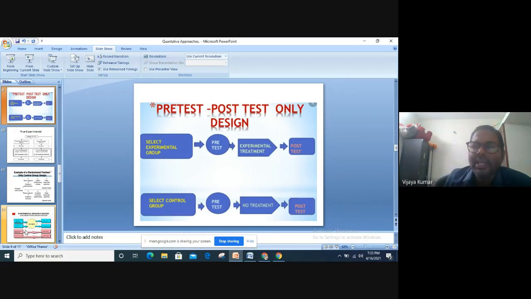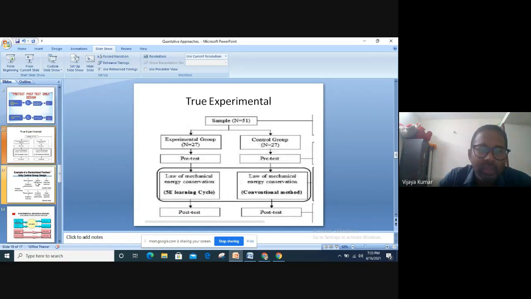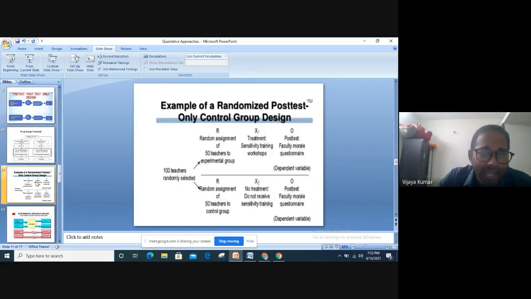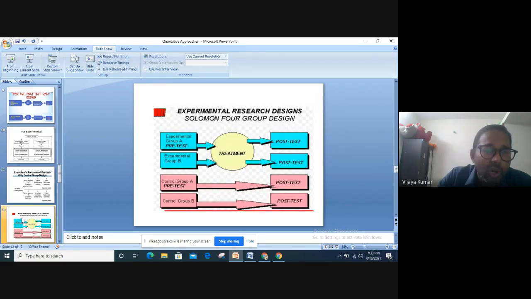Now I will take the topic of another researcher and apply this and show you. Then I will apply true experimental design, then randomized design, and then Solomon 4-group design. You yourself decide which one is more authentic to your study.